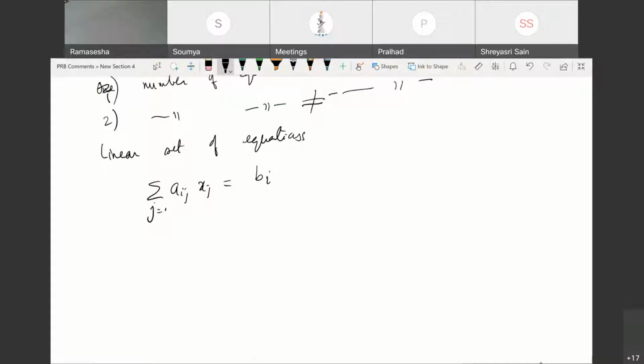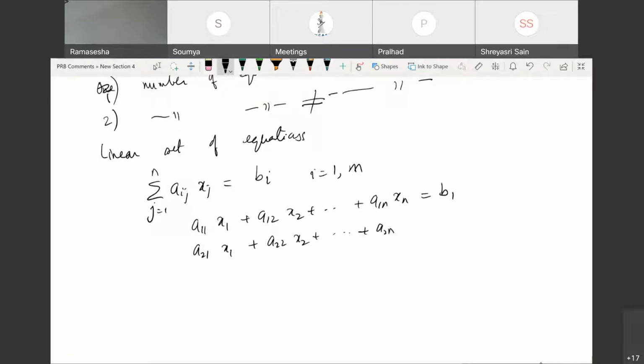Which means a11 x1 plus a12 x2 plus etc. plus a1n xn equal to b1, a21 x1 plus a22 x2 plus etc. plus a2n xn equal to b2, and so on until m equations, which is am1 x1 plus am2 x2 plus etc. plus amn xn is equal to bm. So these are n unknowns and m equations.